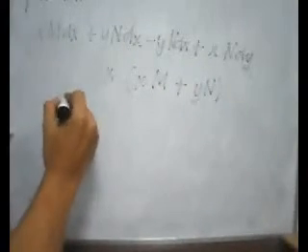Now this one cancels out, and what's left is that both x's we factor out, that is equal to 0.